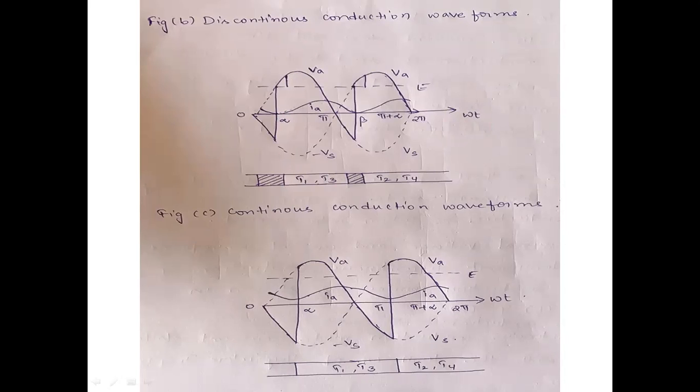The motor is connected to the source with terminal voltage Vs. The current which is flowing will be against both E and the source voltage.